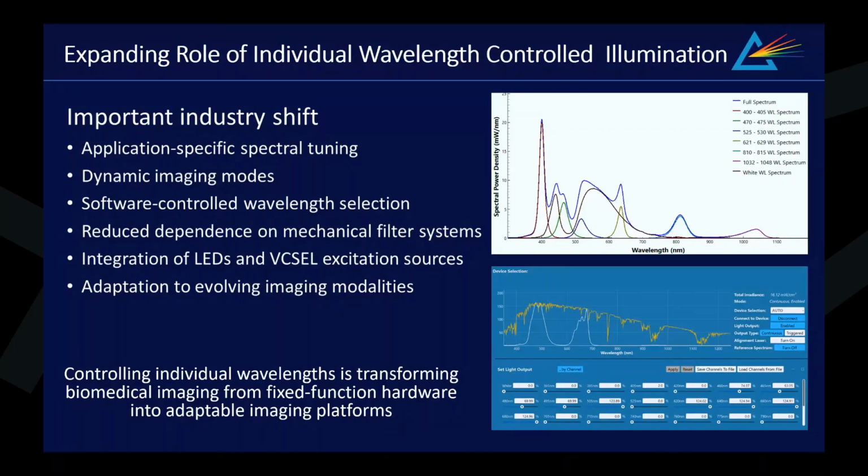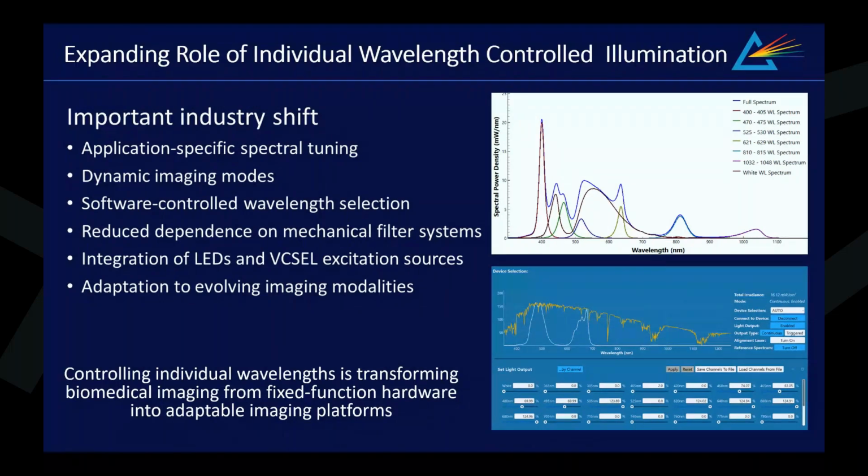This allows imaging conditions to be modified during acquisition based on tissue characteristics, fluorescence response, imaging depth, or analytic requirements. Programmable illumination also supports quantitative imaging techniques that depend on stable and repeatable spectral conditions for computational image analysis, image normalization, and machine learning-based interpretation.